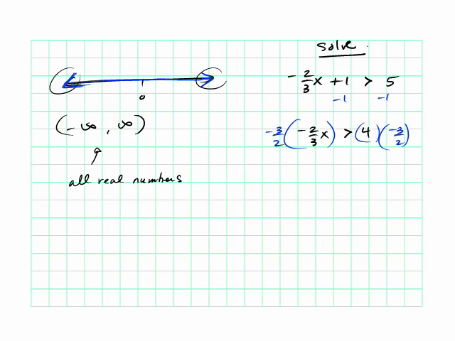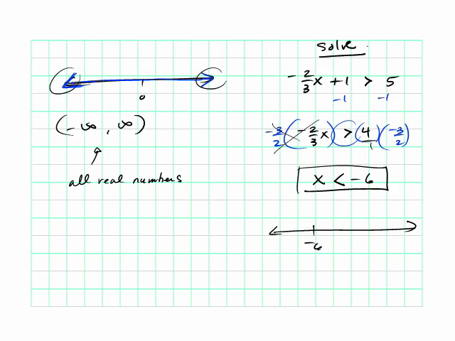But remember our rule, if I either multiply or divide both sides of an inequality by a negative number, I must reverse the symbol. So I got to remember to reverse the symbol here. This side works out to just be 1x. And over here, if I carefully multiply those numbers together, that's a negative 12 divided by 2, negative 6. And so I have my answer. x is less than negative 6.